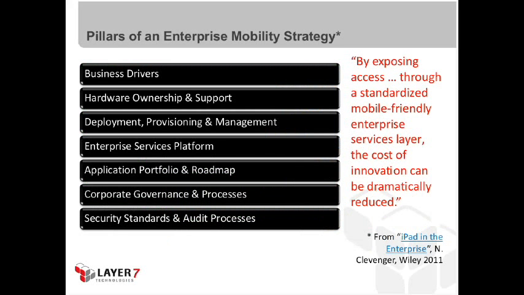So we move on to the next slide. This is actually a model for the pillars of an enterprise mobility strategy, and this is straight from a book written by Nathan Clevenger called iPad in the Enterprise. This is a phenomenal book.